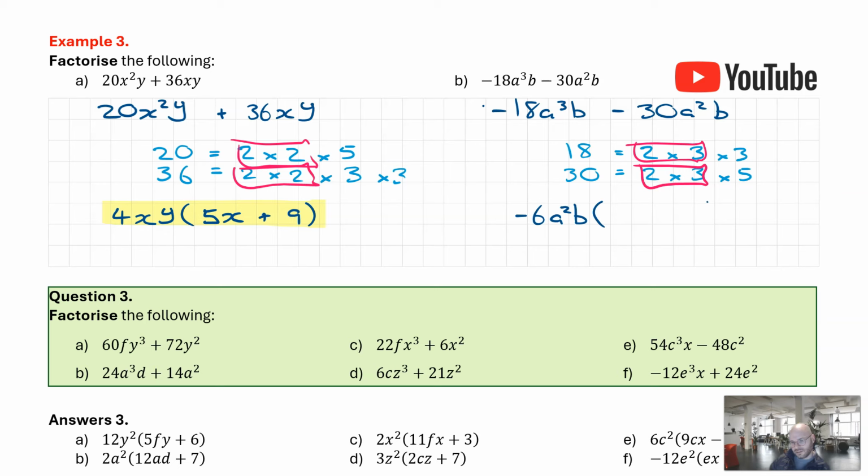So therefore, inside the bracket, we're no longer going to have negatives on this guy or this guy. Now, what remains is we have a remainder of 3 and a singular a, plus we have a remainder of 5. And therefore, we find that the factorized form is minus 6a squared b in brackets 3a plus 5.